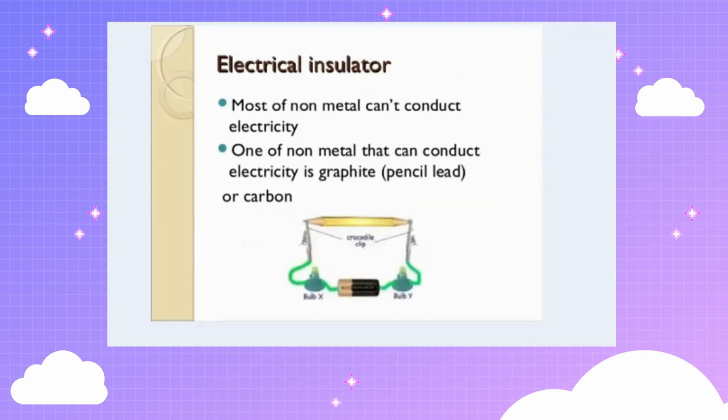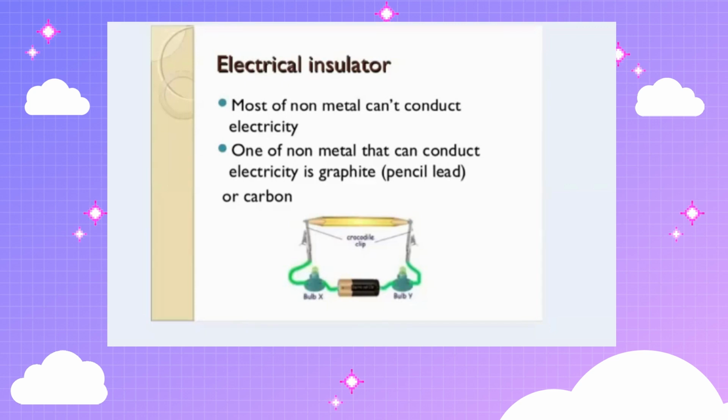Electric insulators. Most non-metals cannot conduct electricity, but one non-metal that can conduct electricity is pencil lead, or carbon. See in this picture, the inside of the pencil from which you write is a conductor and the outside is wood.